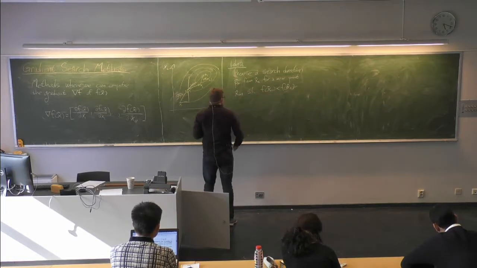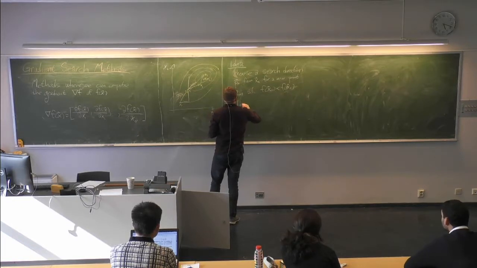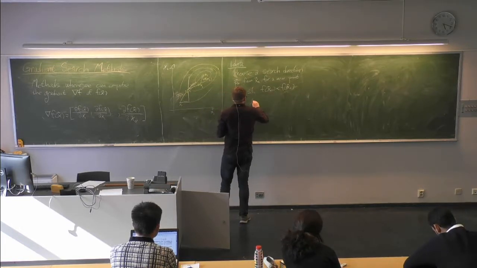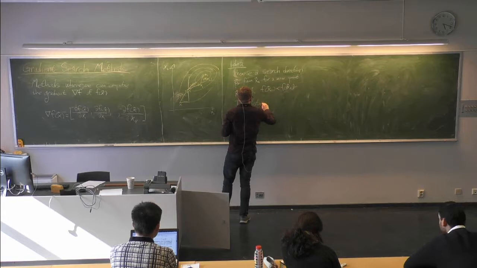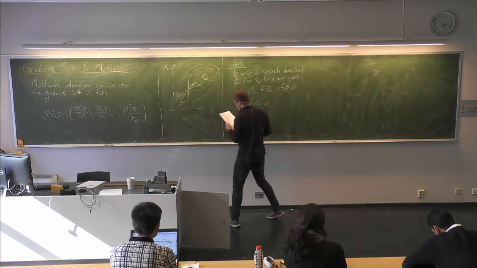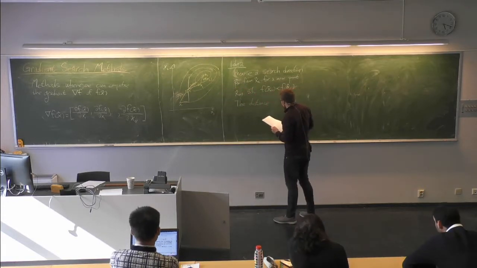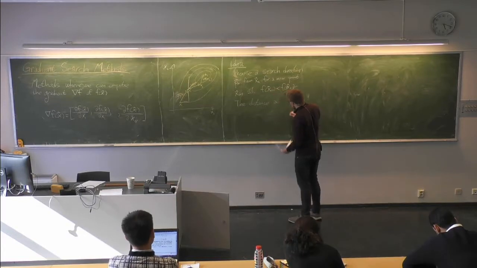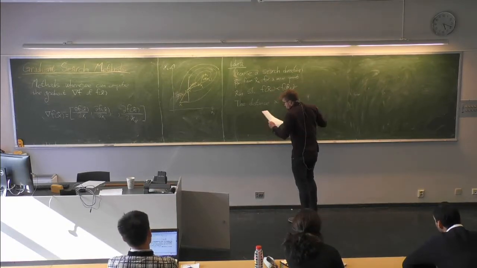And again, the distance we have to travel along this gradient is again, well, golden search or bracket searching.